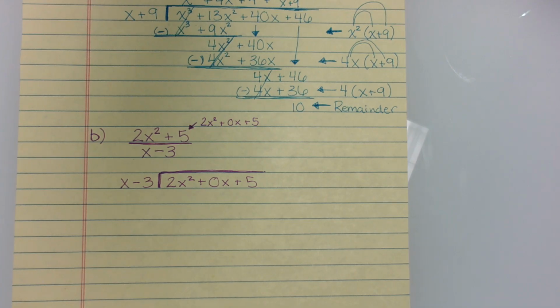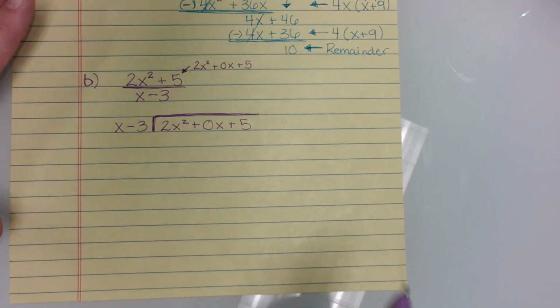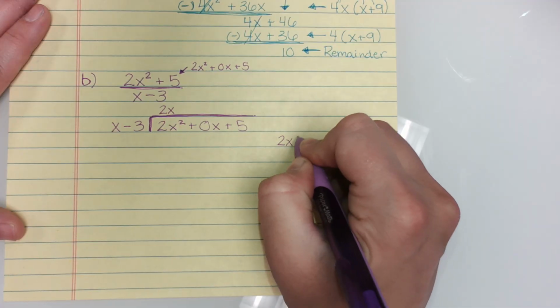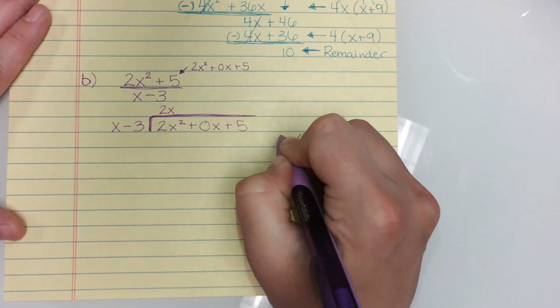Then we continue the process the way we did above. What do I multiply by x to get 2x squared? 2x, put that up top. And remember, distribute through.